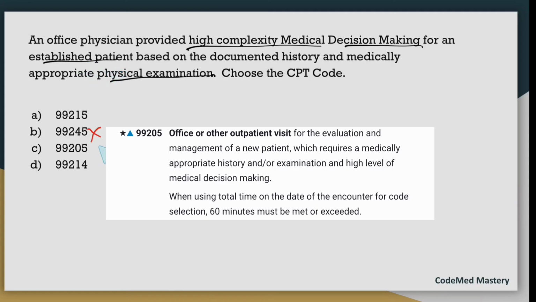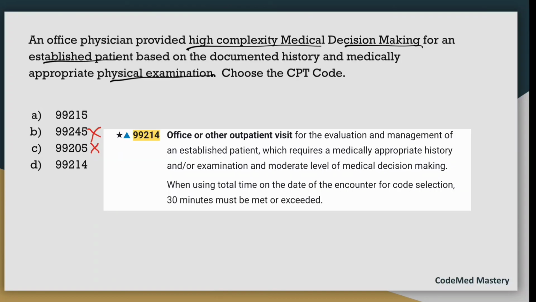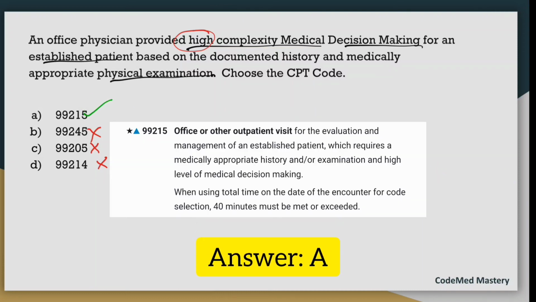So by this, we'll eliminate option C. Coming to option D, 99214, that is for office or outpatient visit, established patient, that is correct. But here the MDM is moderate level. In our case, the MDM is high level. So by this, we'll eliminate option D. We are left with option A, that is our right answer.